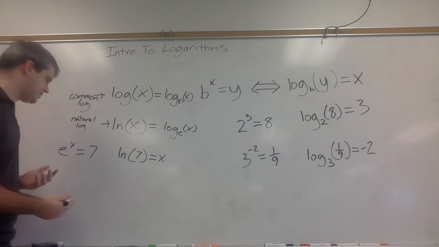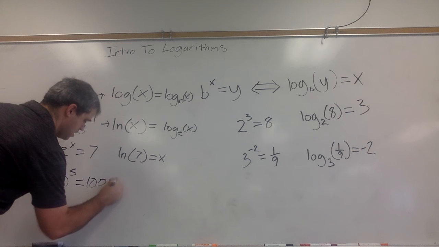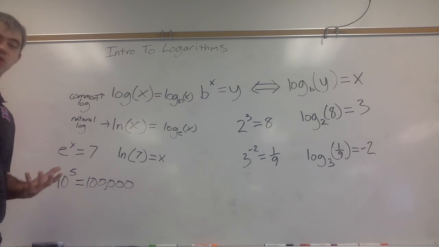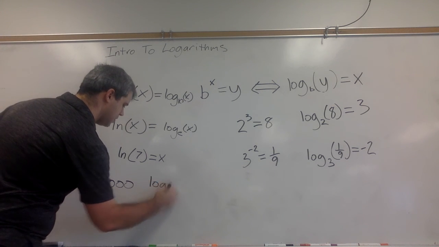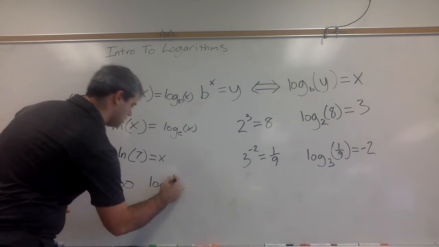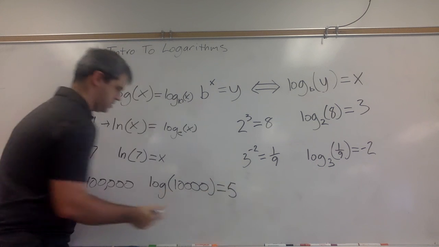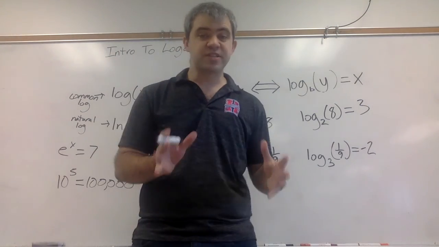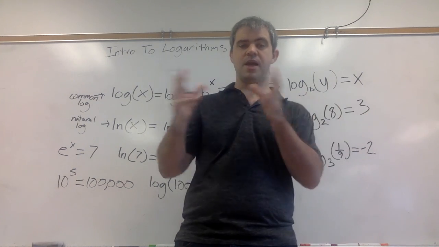Okay, what if I see 10 to the 5th equals 100,000? How could I rewrite that as a logarithm? Well, that's going to be a log of base 10. So I don't actually need to write my base here. Log of 100,000 equals 5. Okay, so the first skill you need to know about logarithms is how to convert back and forth between a logarithm and an exponential.